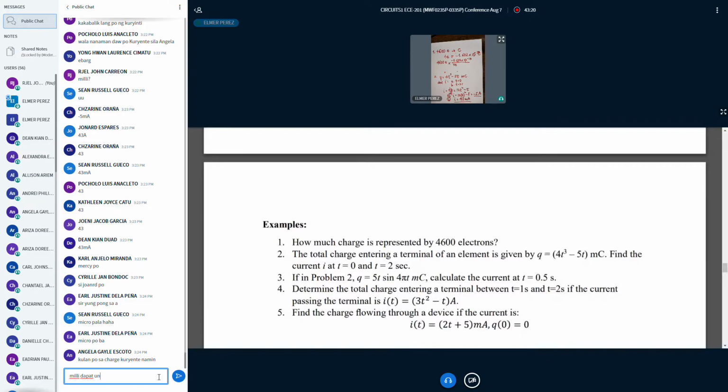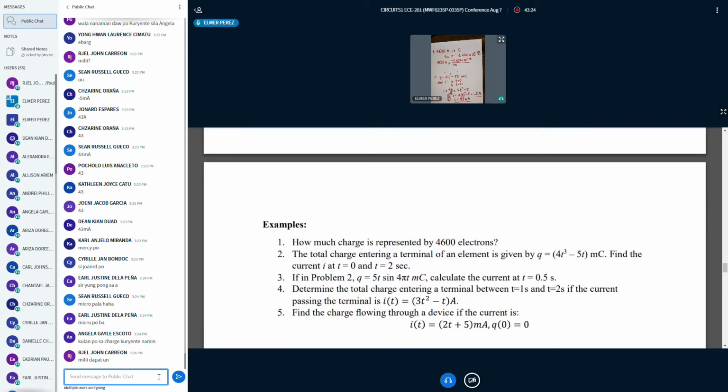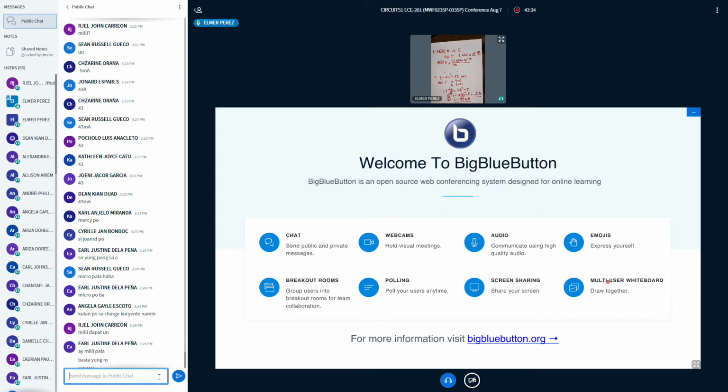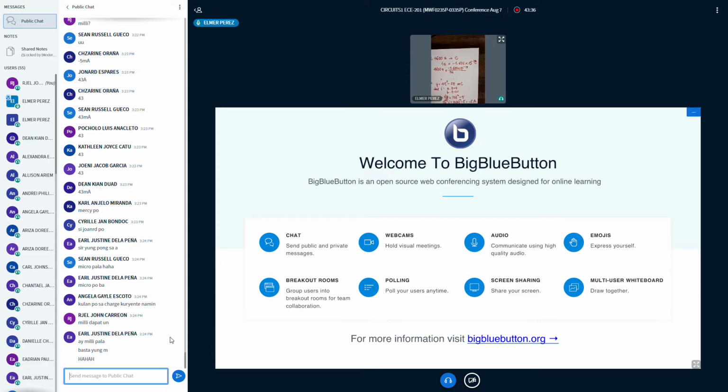Sige. So, ako tatanggalin ko na muna to. Focus kayo dito sa yan. Okay? Review nyo yung camera ko.